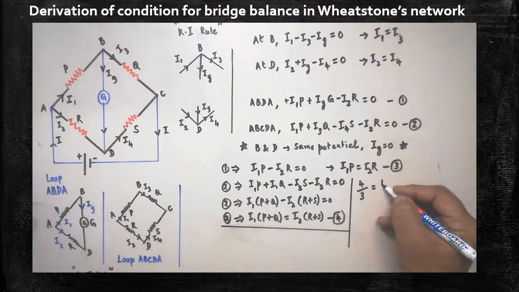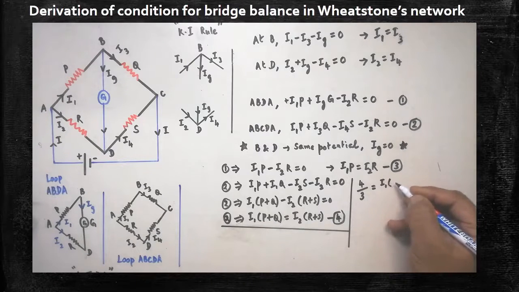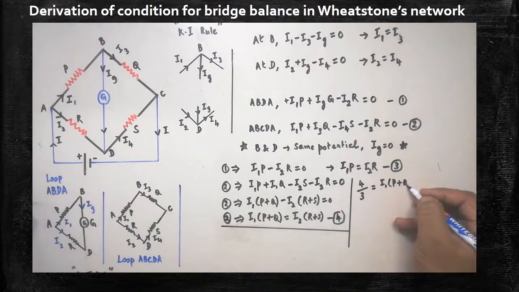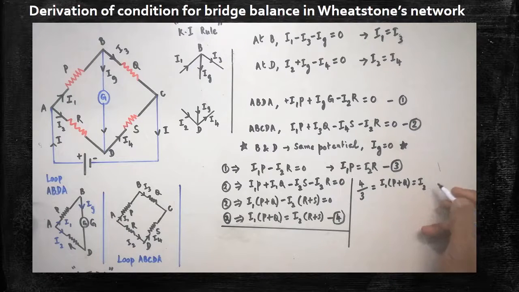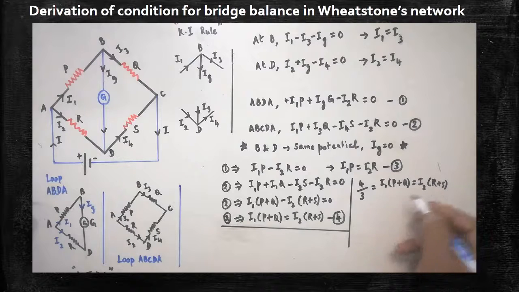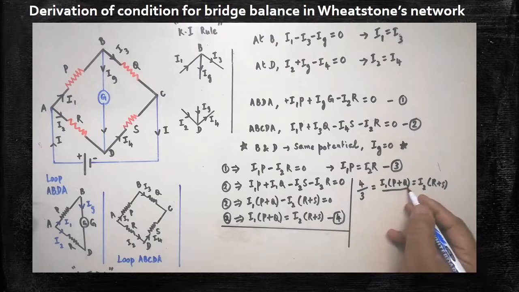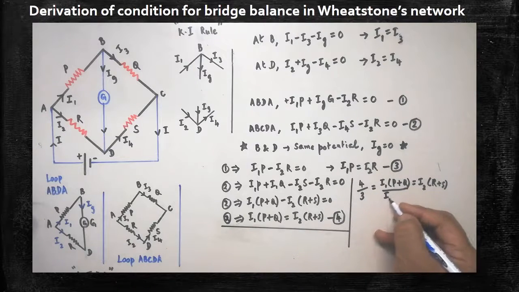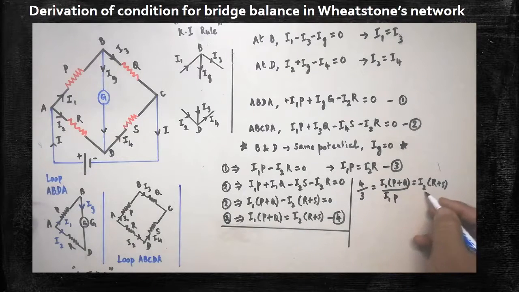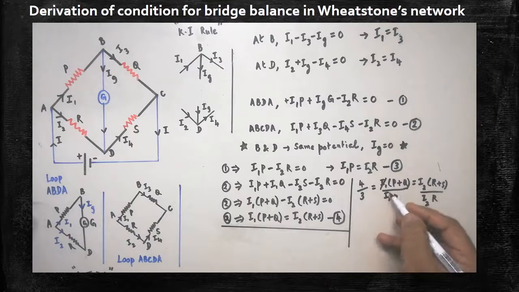Substitute I1 times P plus Q is equal to I2 times R plus S, divided by I1 P on this side and I2 R on the other. I1 can be cancelled, I2 can be cancelled.